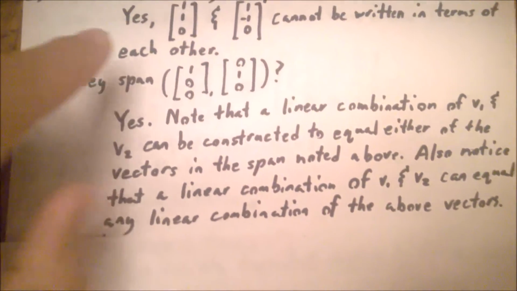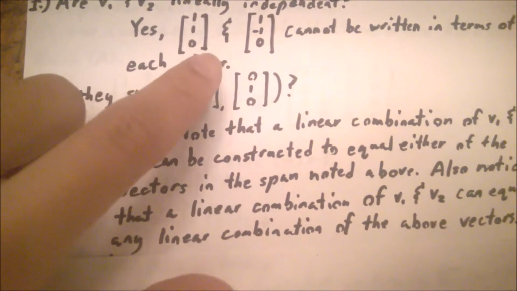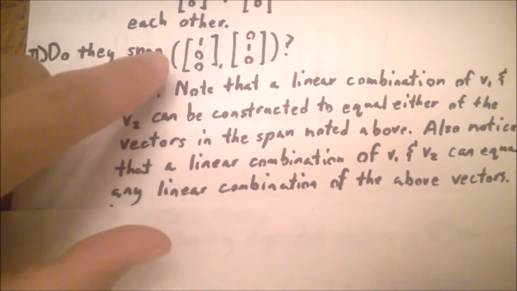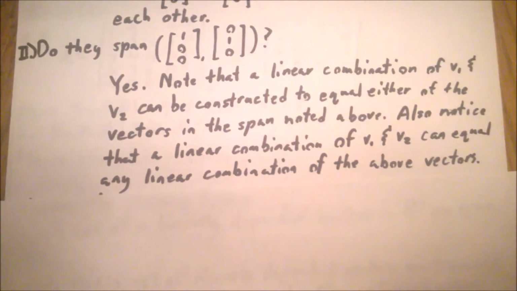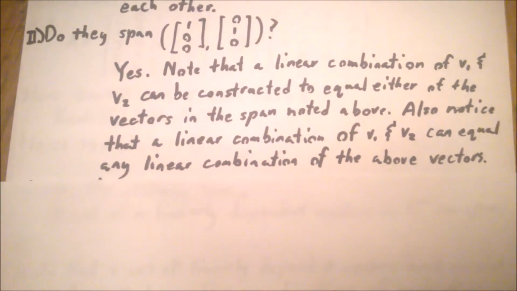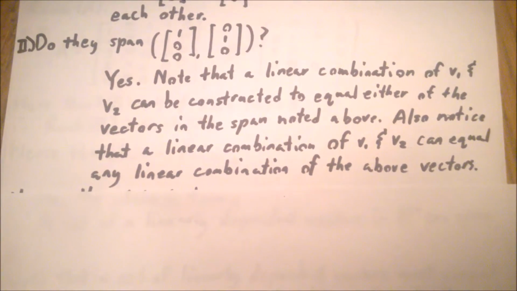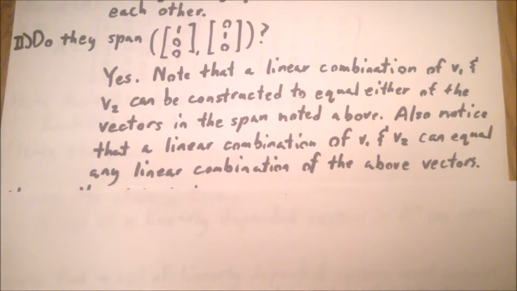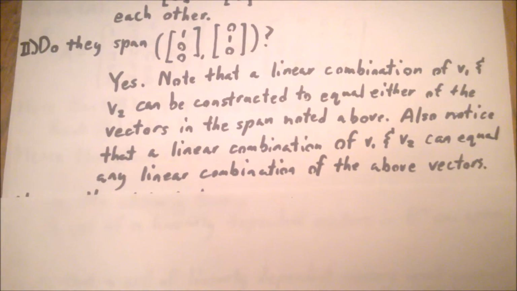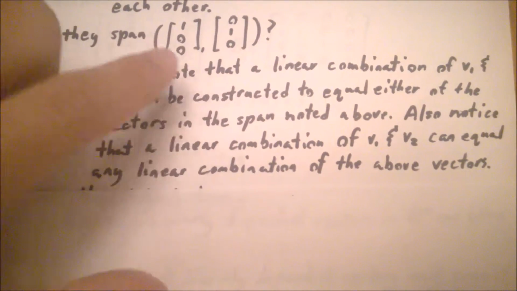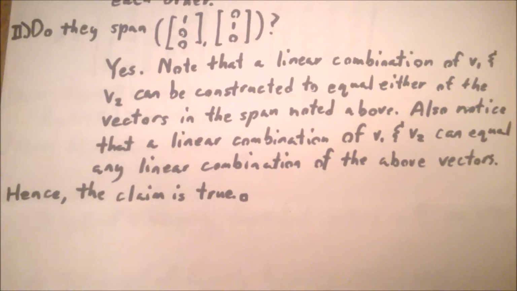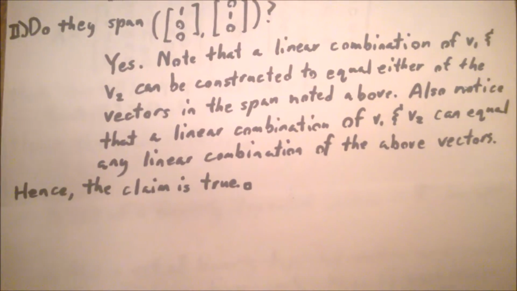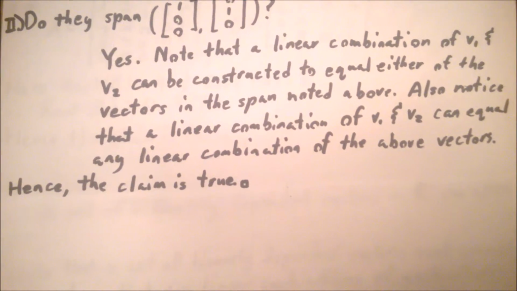Or you could use scalars on either of these two vectors to produce any linear combination produced by this vector. So basically, yes, any linear combination can be produced by v1 and v2 that can also be produced by these two vectors right here. Hence, we fulfilled the requirements to be a subspace, therefore this claim is true.